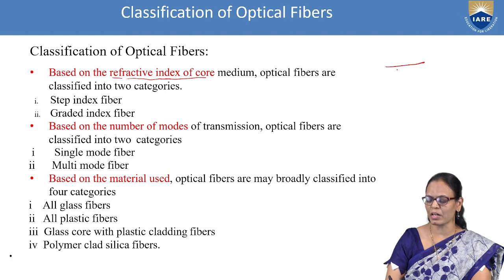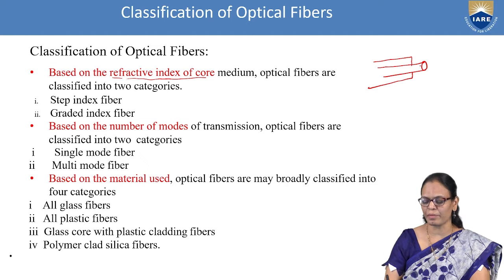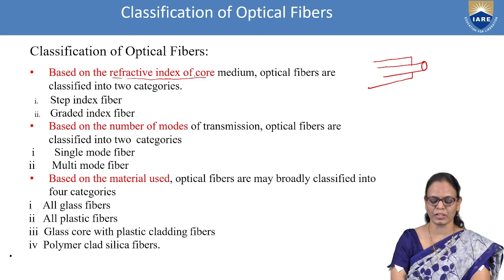Suppose this is the core, and this is surrounded by a cladding. Whenever we talk about the signal traveling through the optical fiber, it travels through the core. So we are talking here about the refractive index of the core, which is the carrier of the signal.